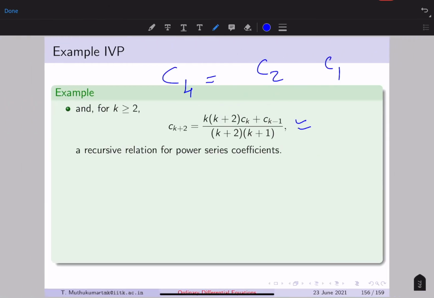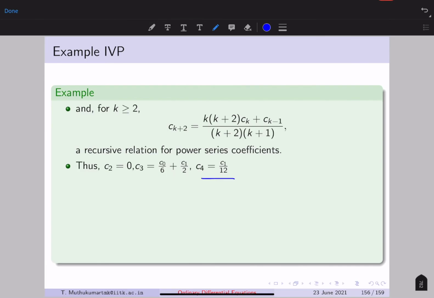So this term goes off. What you get is c1 by, this is k equal to 2, so 4 plus 3, 12, so it's c1 by 12. So c2 is 0, c4 is c1 by 12.